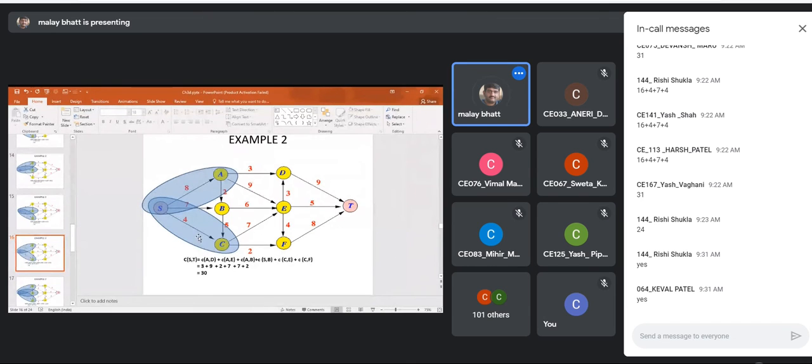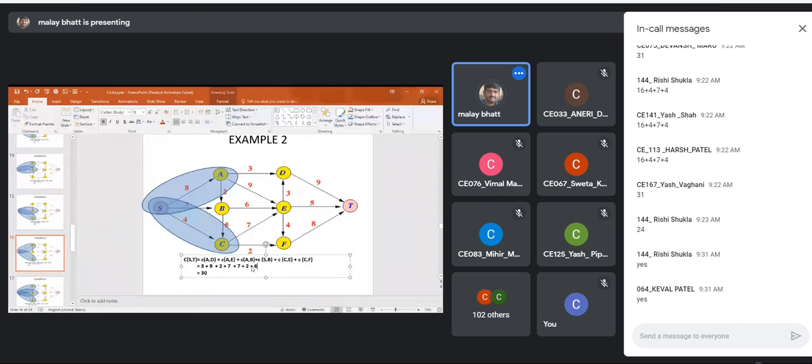Is it 7? It should be 7. 3, 9, and 2, that is from A. Now from B, it is 6 only. I think 6 should be there. Sorry, S, A, and C are there, right?